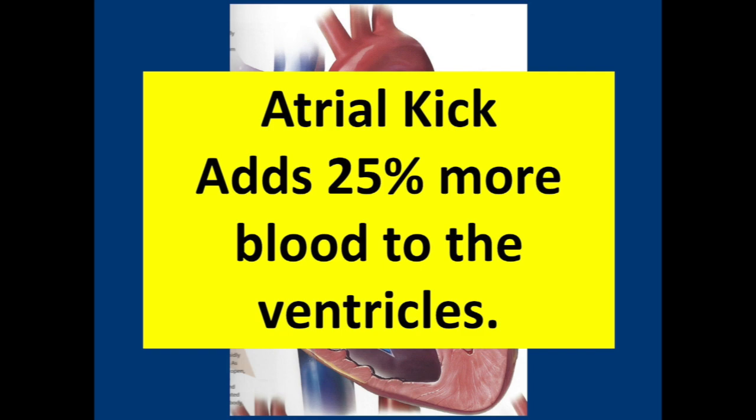If we don't have atrial kick in a rhythm like atrial fibrillation, we're not going to have that extra blood there, and the patient is going to suffer with that decreased amount of blood to the ventricles going to the lungs, and then, like I said, going to the rest of the body.